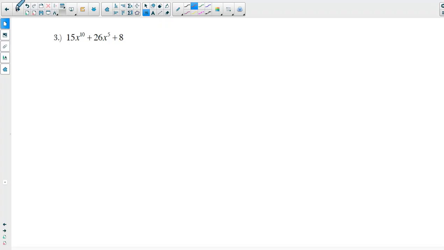Last one right here. No greatest common factor, so I'm going to put my parentheses. I want you to list the factors of 15, and I want you to list the factors of 8. Write them off on the side, and then I'll write them off on the side.